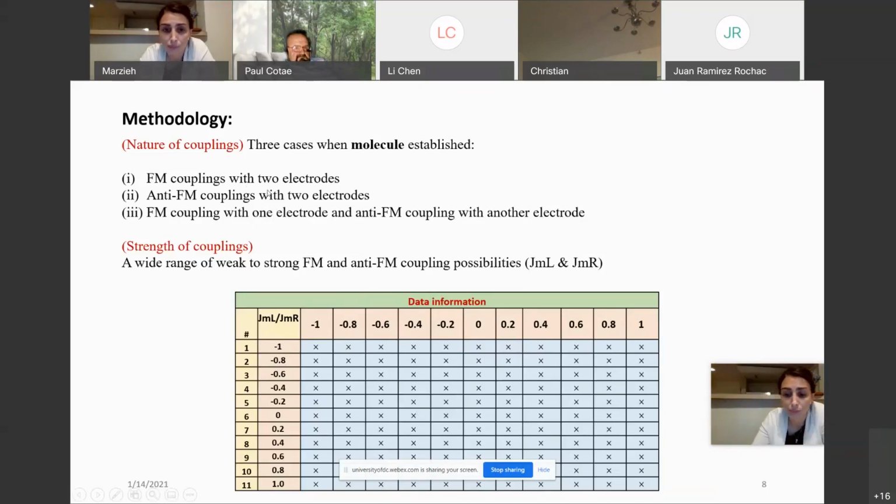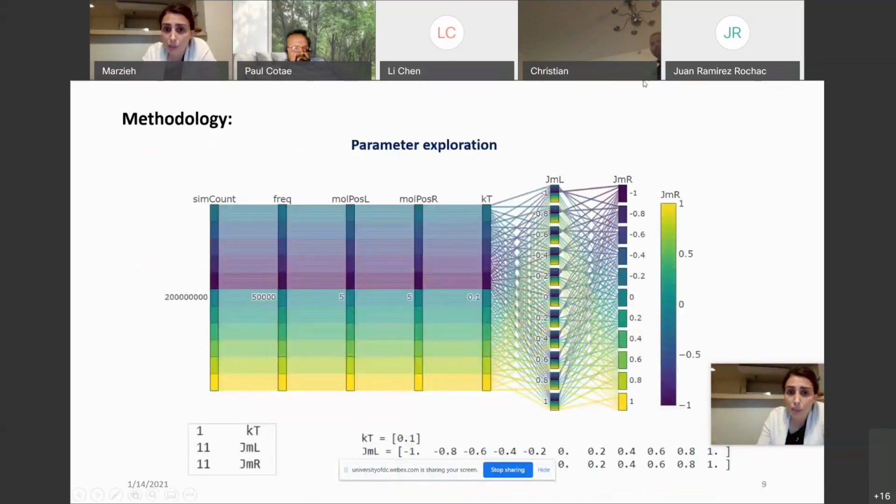When we do the simulation, we have to keep other parameters constant: the simulation count, frequency, molecular position, and temperature. The simulation count can differ based on the temperature we are using and maybe other parameters. But here we observe that the equilibrium state can be achieved by 200 million simulation steps.